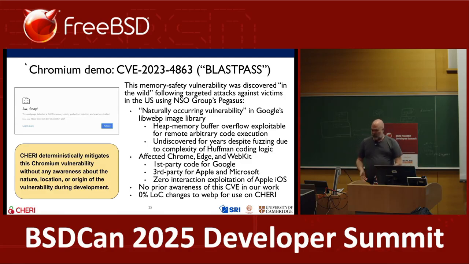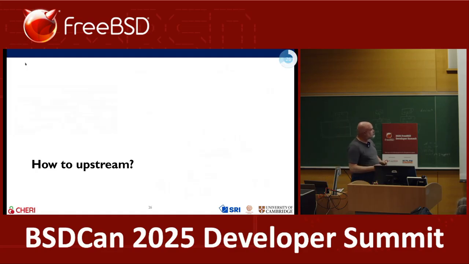And here's the thing, we didn't change a line of code in the WebP library. All we did is recompile it. We had to change a lot of code around it, but that's super cool. That's why you want CHERI. There's a lot of it.